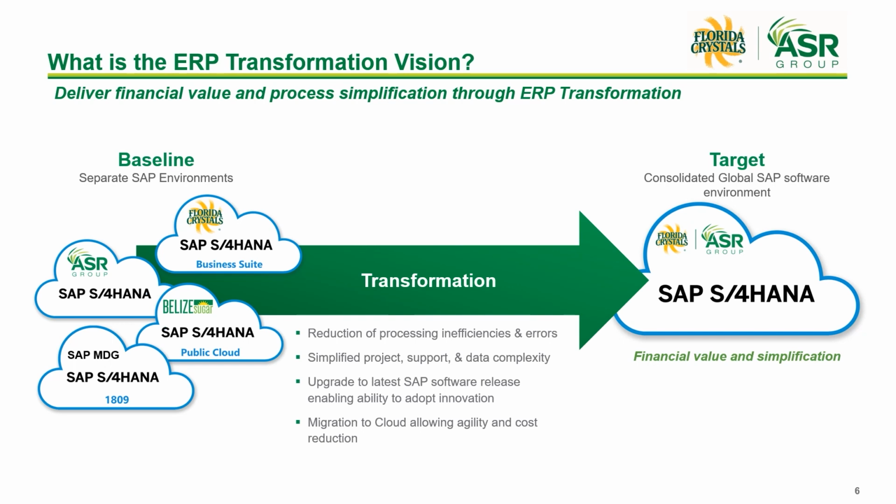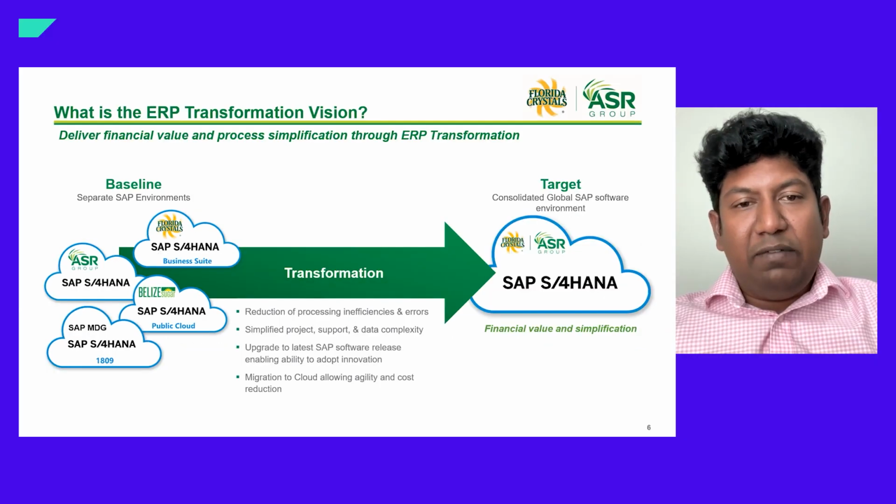Those were consolidated into S4 HANA as a single instance to bring more efficiency, fewer errors, reduce complexity and bring better support. And more importantly, in the future, when we need to upgrade the systems, it will be faster and quicker. Again, we have some relevance to this point, upgrade, so hold that point. In a few more minutes, I'll cover that.